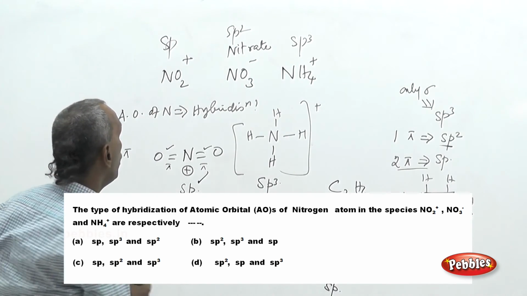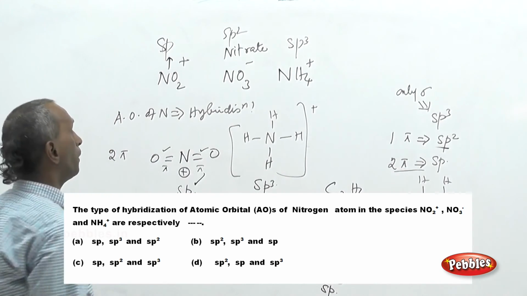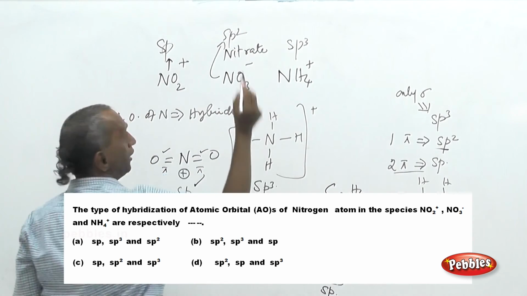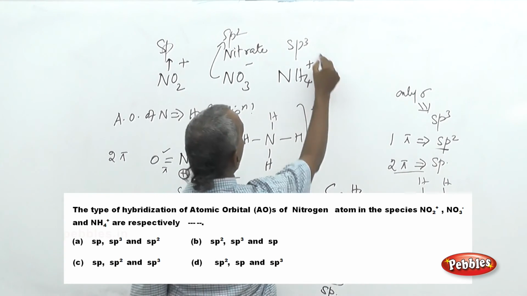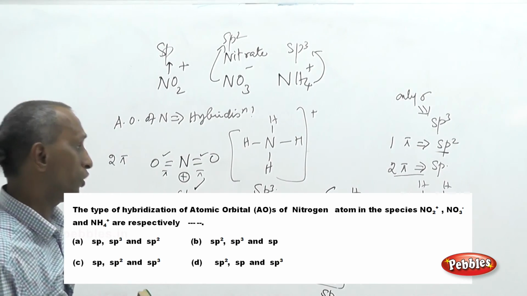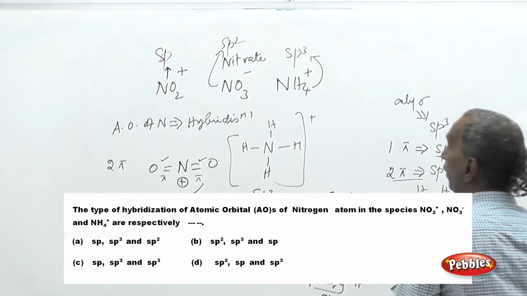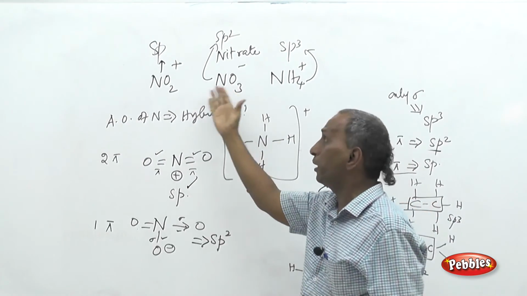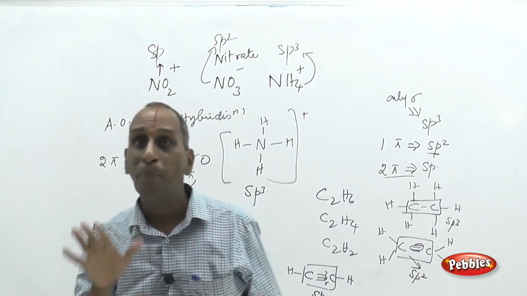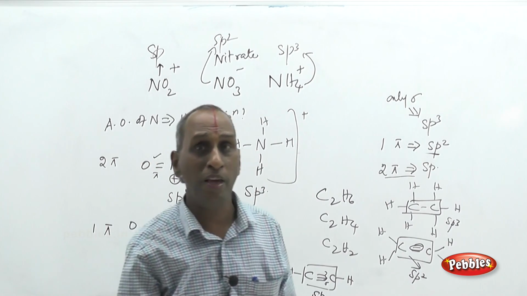You have to choose the order where the NO2 plus species is sp hybridized, nitrate is sp2 hybridized, whereas the ammonium ion is sp3 hybridized. In this we have to remember all are nitrogen containing species. We have to analyze for the presence or absence or number of pi bonds, that is to be noted.